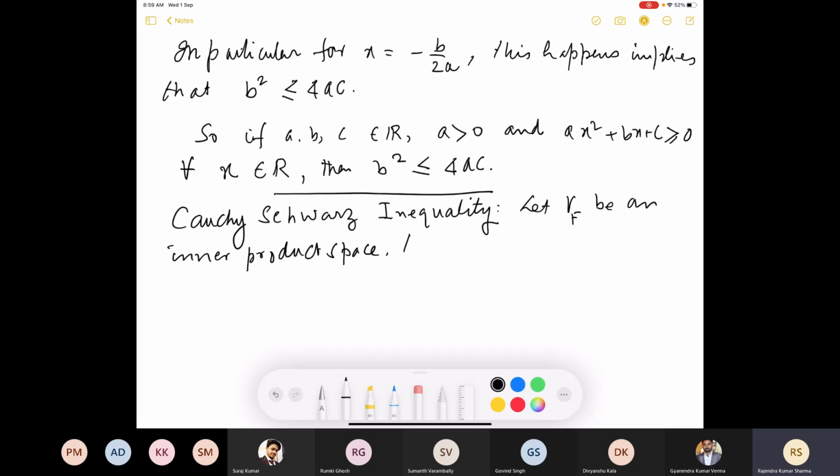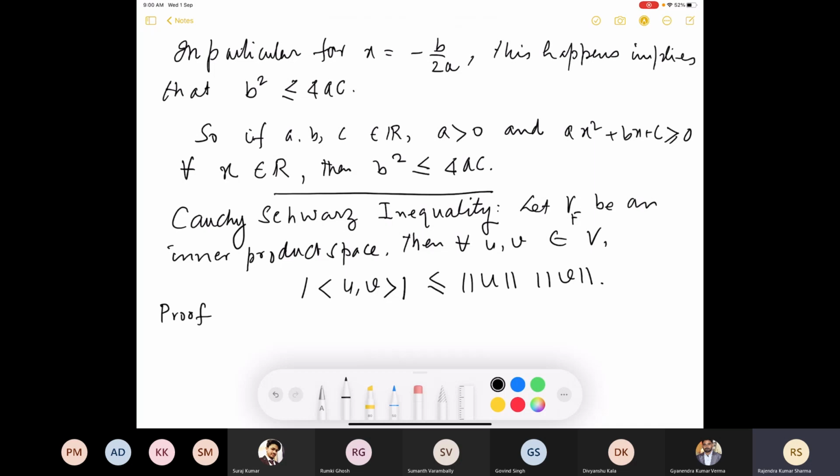Then for every vectors u and v in V, we have modulus of the complex number, which is the inner product, is less or equal to norm u times norm v. So quickly we can prove this. The proof goes as follows.